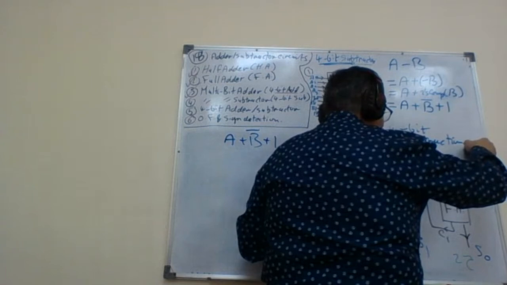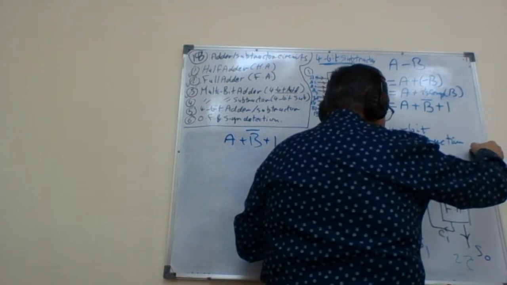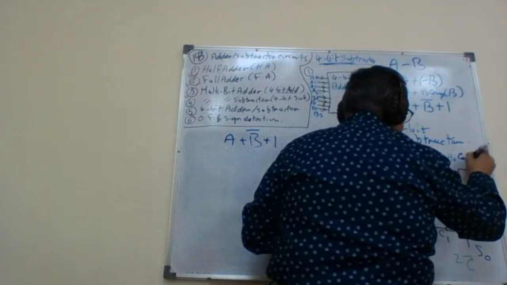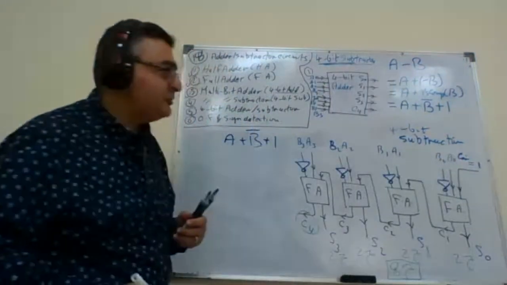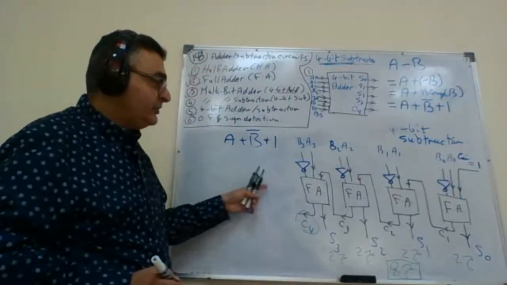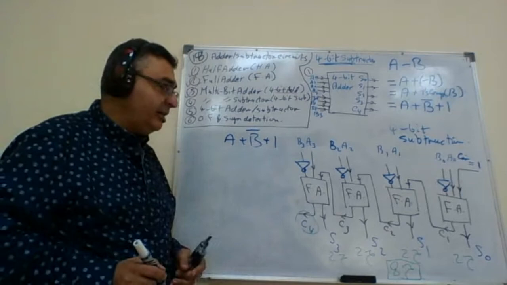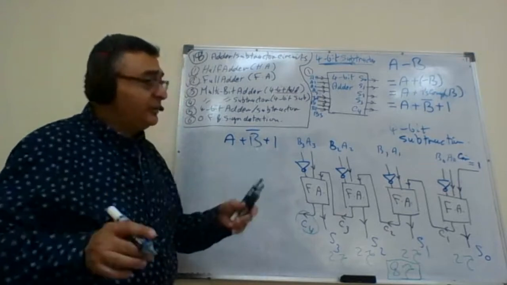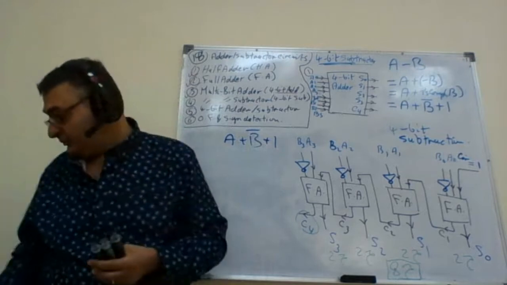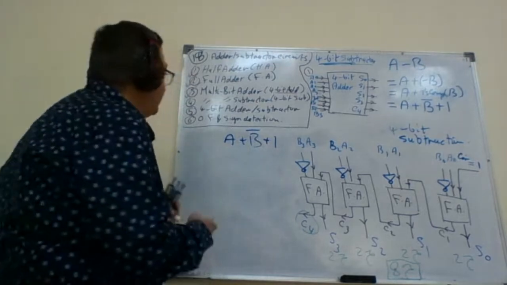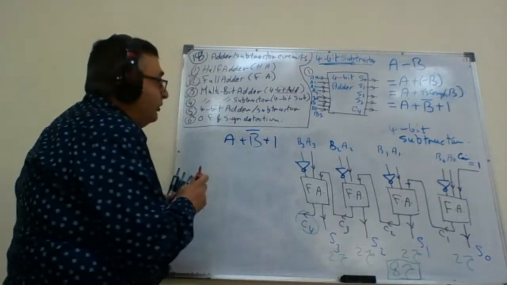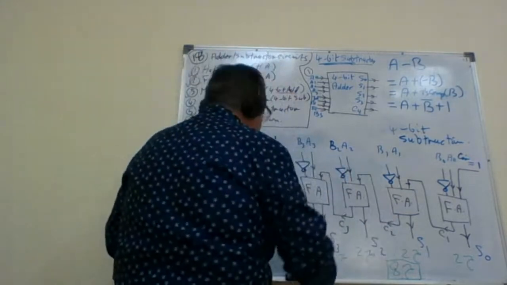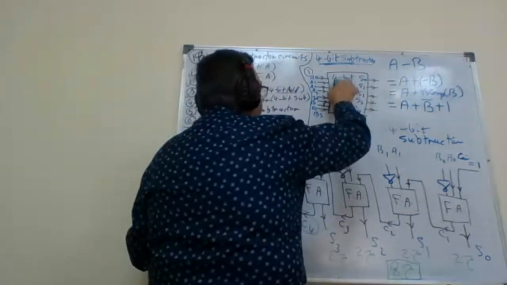So with this very simple small hack, this circuit has been converted from a 4-bit adder to a 4-bit subtractor. That's it. Very simple. So now the design that we have on board first of all needs the block diagram to be changed.